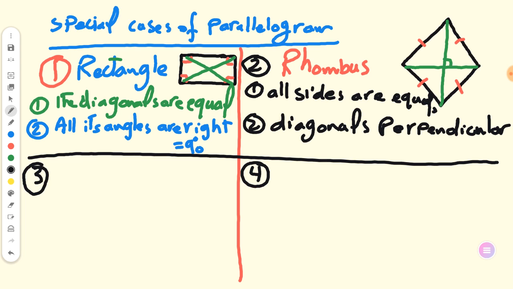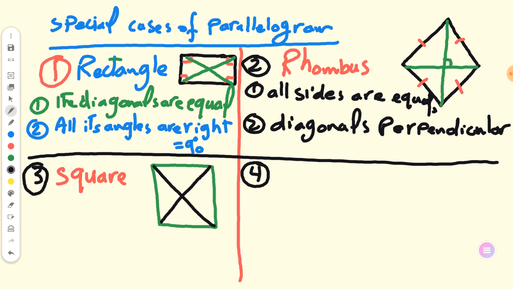Third one is the square. A square is considered a parallelogram. This is a square. It has most properties of all the special cases that exist in a parallelogram. A square has two diagonals. The two diagonals are equal and bisect each other. It has four right angles like a rectangle.